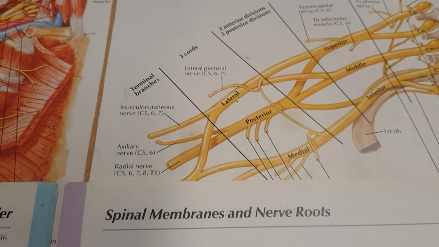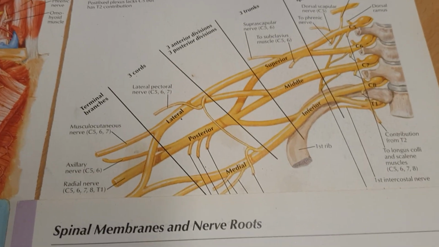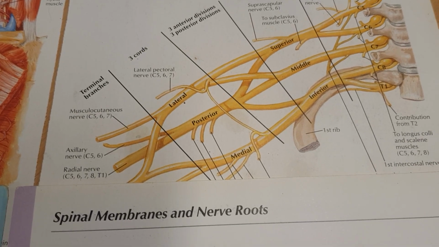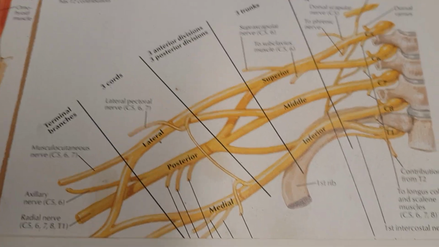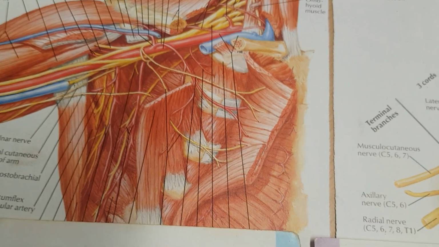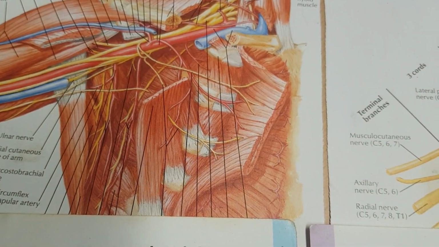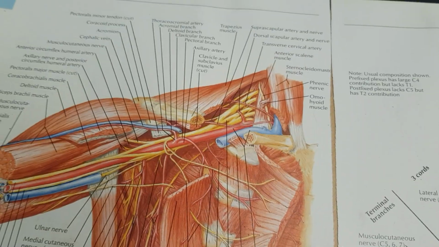Now we are going to have a look at these pictures from Netter's Atlas. If you can see here, this is a picture of the brachial plexus, and this one is a picture of the brachial plexus connected to different structures including muscles.